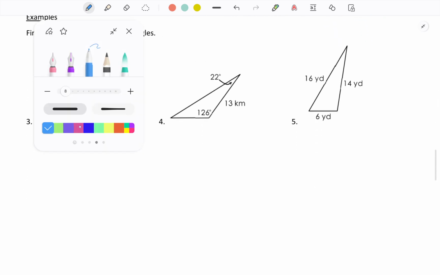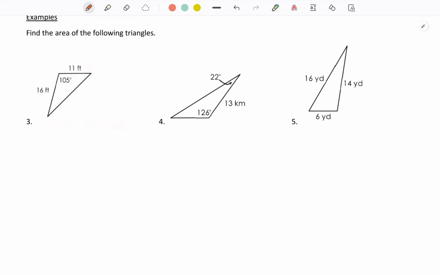So let's go ahead and use this formula now to find the area of some triangles. On number 3, we have our two sides as 11 and 16, and then 105 is that included angle, so we can use it. So we have A equals 1/2, and then we're going to have 16 times 11 times the sine of 105.